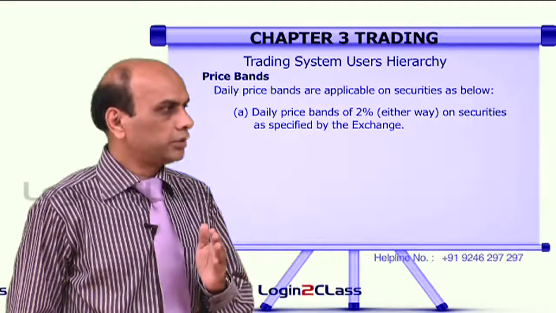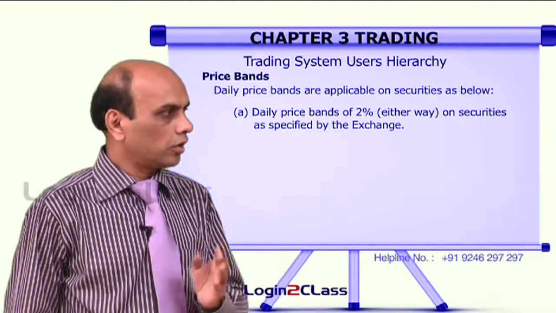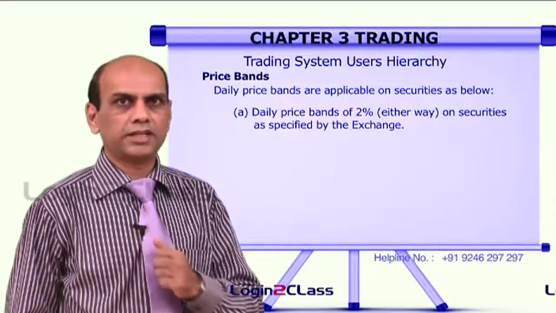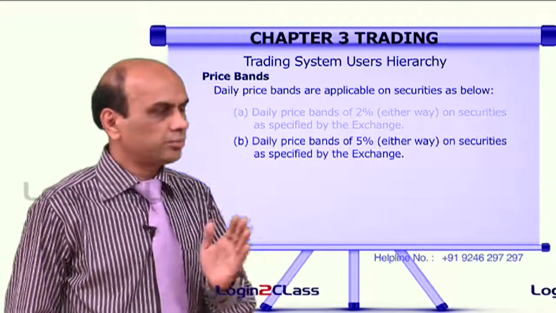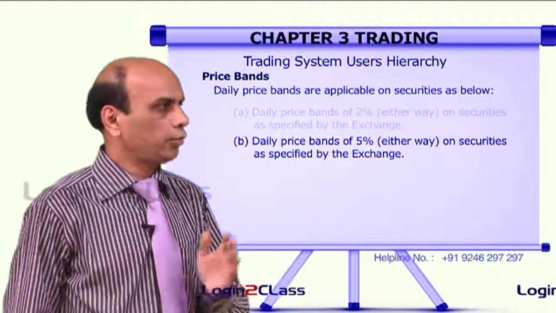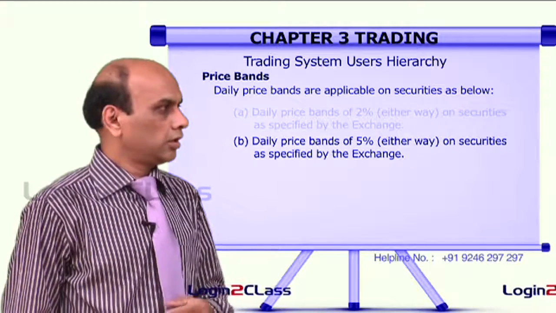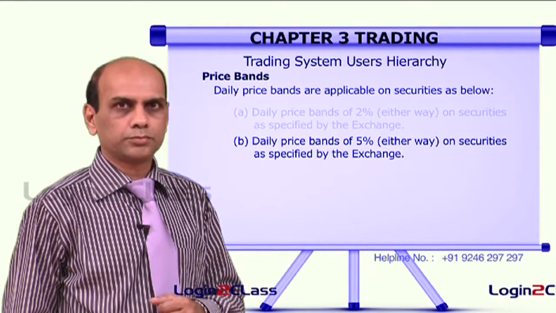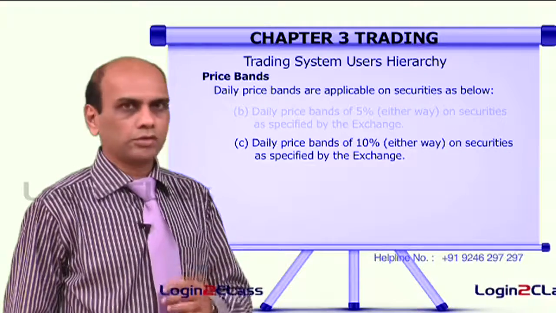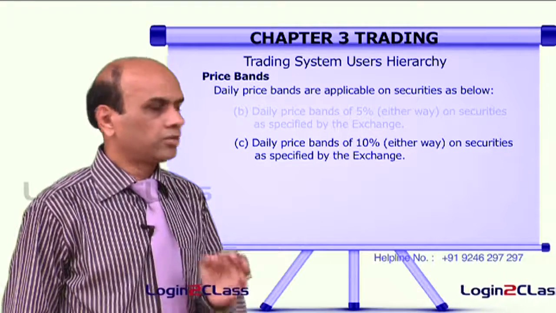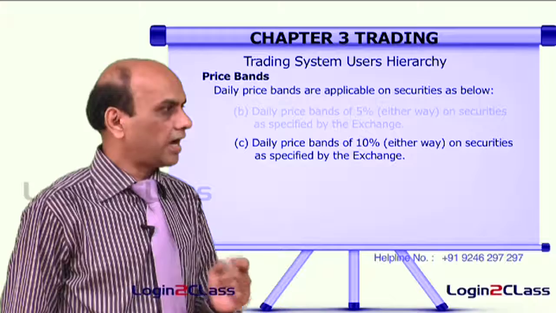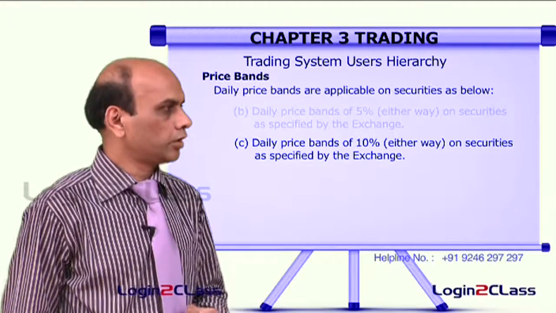Daily price band of 2% either way on securities as specified by the exchange. Daily price band of 5% either way on securities as specified by the exchange. Daily price bands of 10% either way on securities as specified by the exchange.